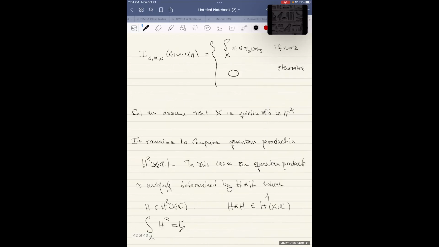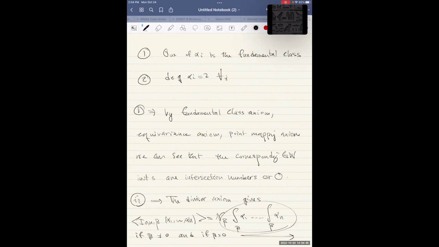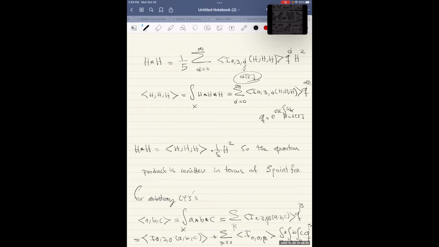This is basically the statement that we had right here. So these are examples that you can see.